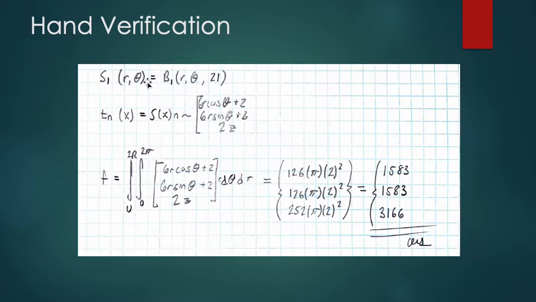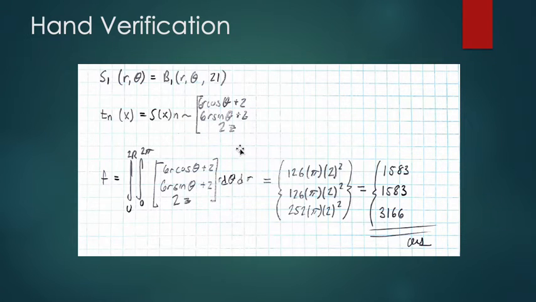And then here is the surface that I wanted to define. So I wanted to compute the traction field acting on that surface. And that's shown here. So it's 6r cosine theta plus z, and then 6r sine theta plus z, and then 2z in the x3 direction.